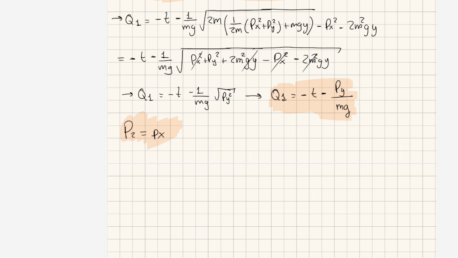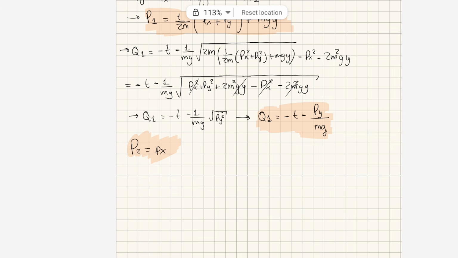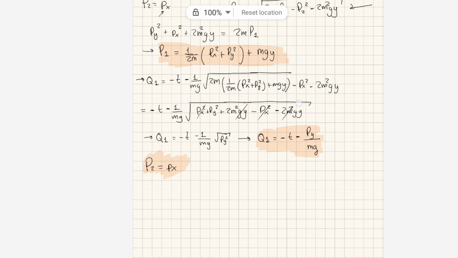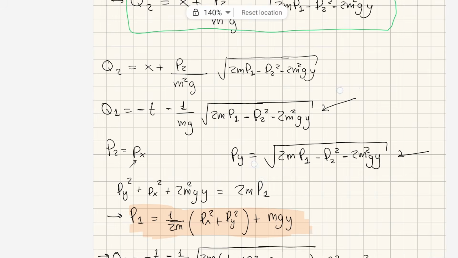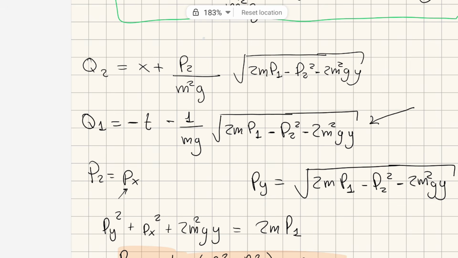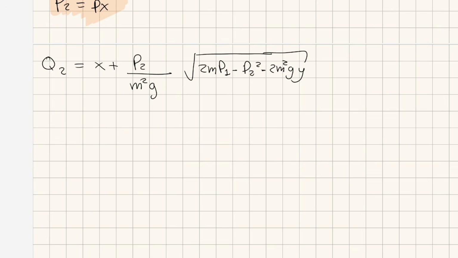So we are left with the q2 function, so that is this one over here. We have now the p2, we have the p1, so we need to substitute that into this expression to see what we are going to get. Let me rewrite this equation.